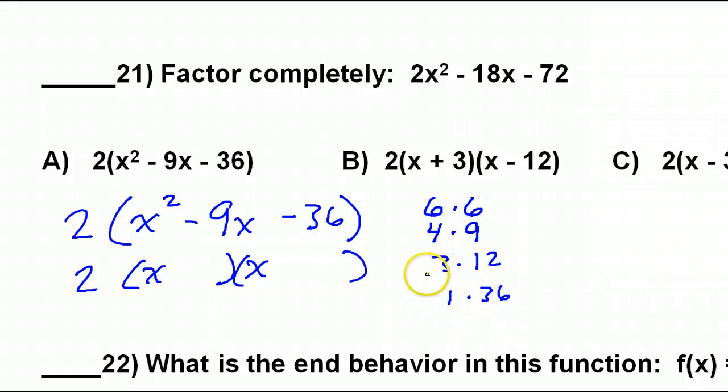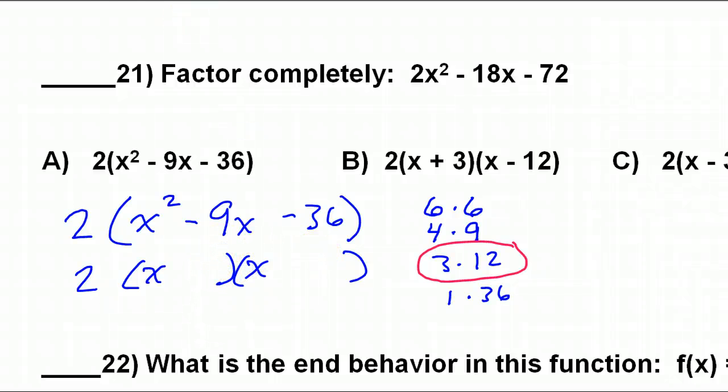A lot of possibilities. Now we're looking for the option that will help us get a negative 9 middle. So the most promising option is this one right here, 3 times 12, because 12 minus 3 is 9. So let's go with that option.